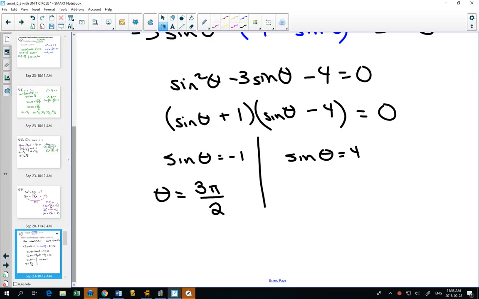Should we draw a picture to help us? Okay. If I draw a picture, what is the definition of sine? Definition of sine is opposite over hypotenuse. So I'm going to draw a right angle triangle. I'm going to label my opposite side as 4 and my hypotenuse as 1. How do you feel?